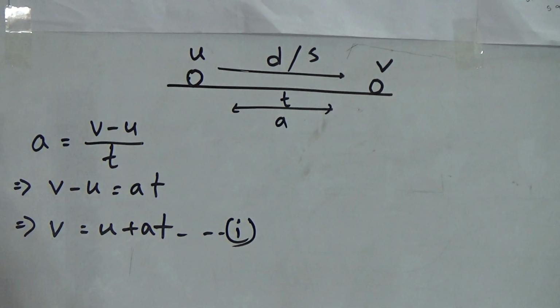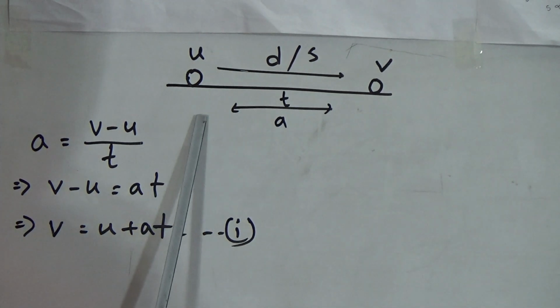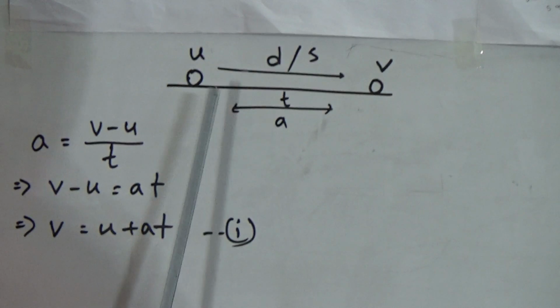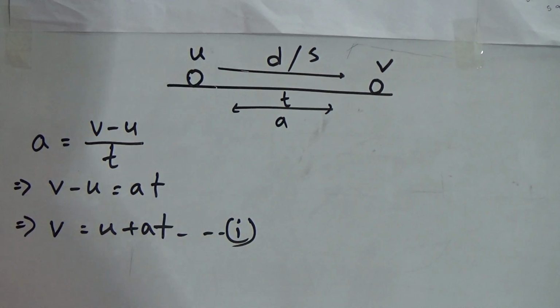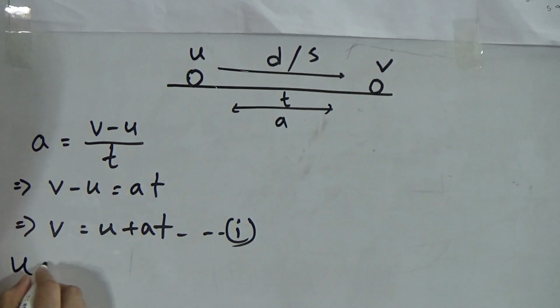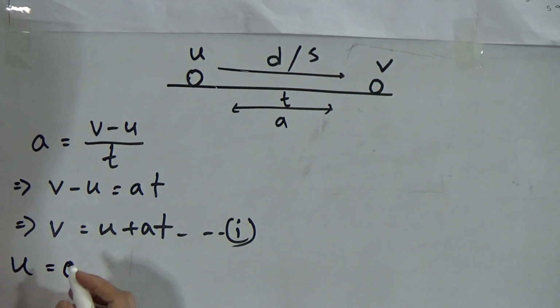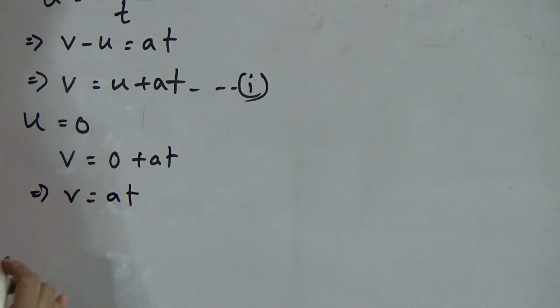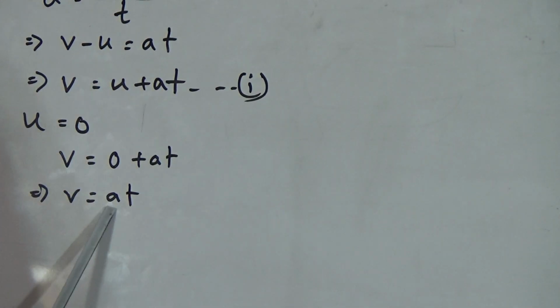And if the object starts its motion from rest, that means the initial velocity is 0, then what will be? If u is 0, then we can write v equals 0 plus at. That means v equals at, and we know here a is constant.